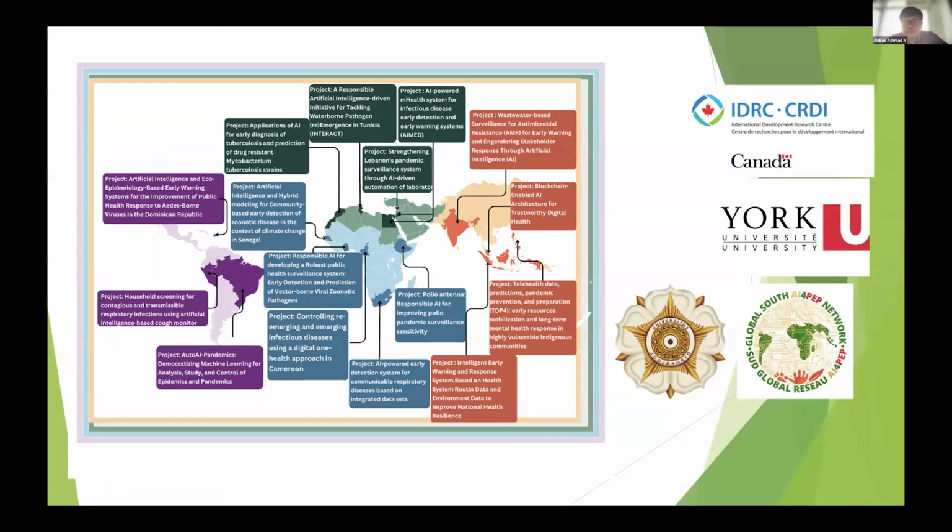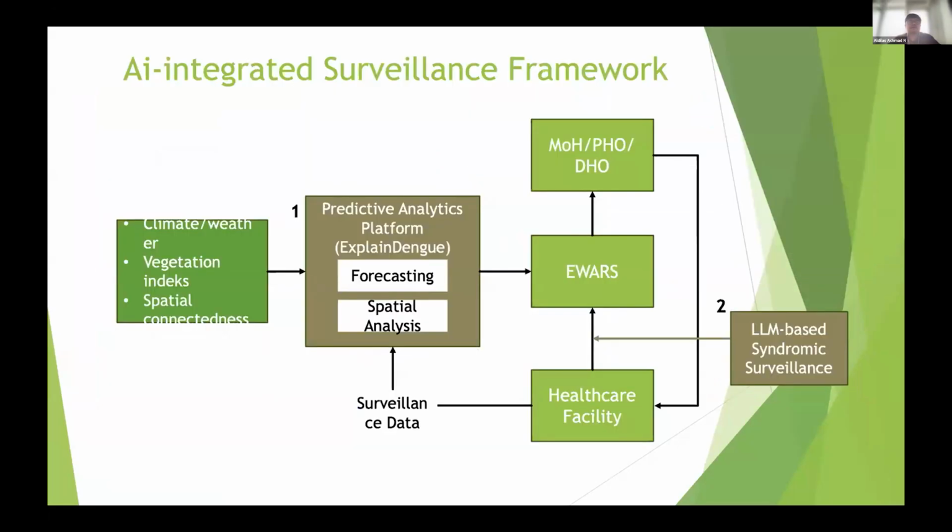And also, this is the current project in the Center for Tropical Medicine, that we work on with Canada, with the IDRC, and also with York University. And currently we just got another funding from the FCDO of the United Kingdom, so that we can implement artificial intelligence in the national public health surveillance.